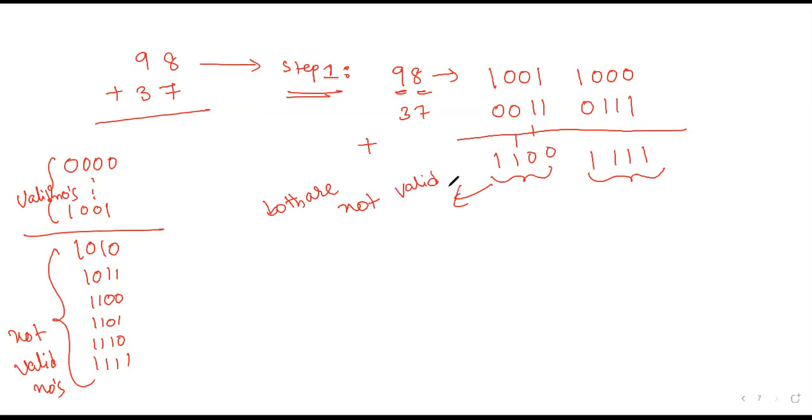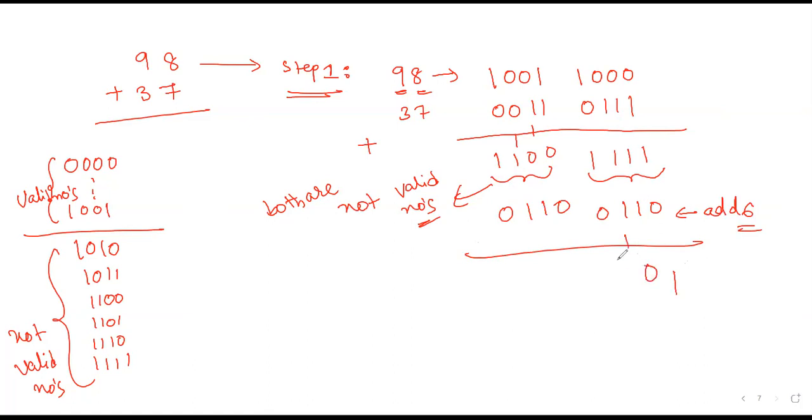If both are not valid numbers, then add 6 to each not valid number. So add 6 here, 0110. Add 6 here, 0110, because both are not valid numbers.